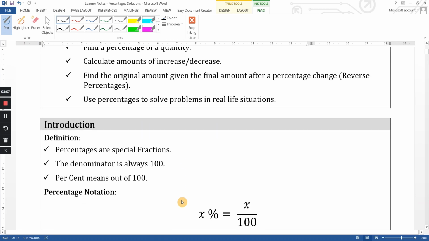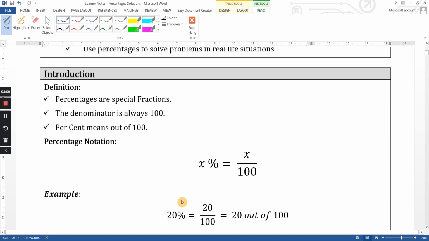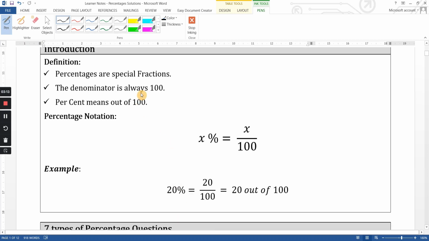Okay. So a bit of an introduction. Hopefully you know what percentage actually means. They're just a special kind of fraction out of 100. Percent literally means out of 100. Anything with cent in the name, things like century, centuries, 100 years, is definitely out of 100.